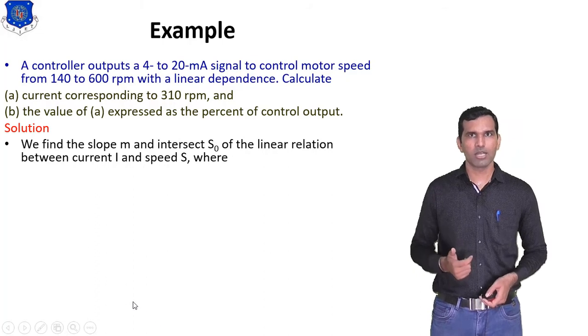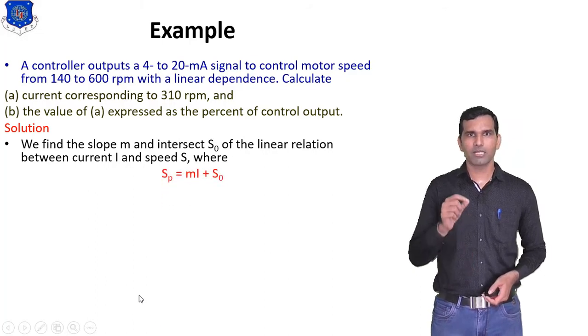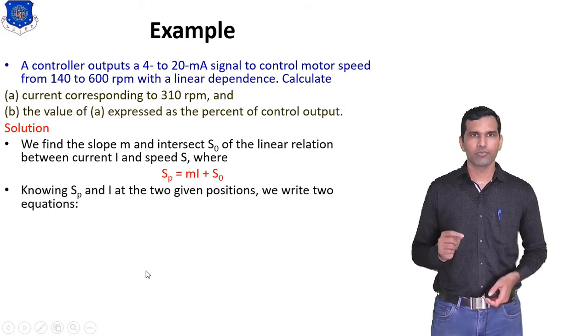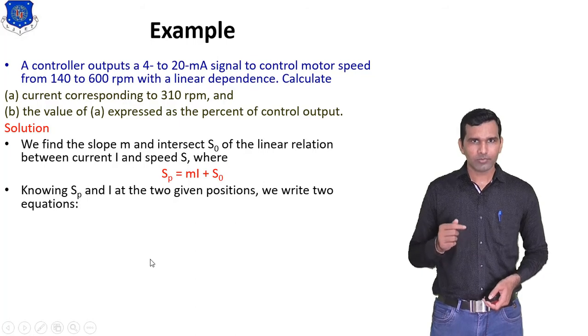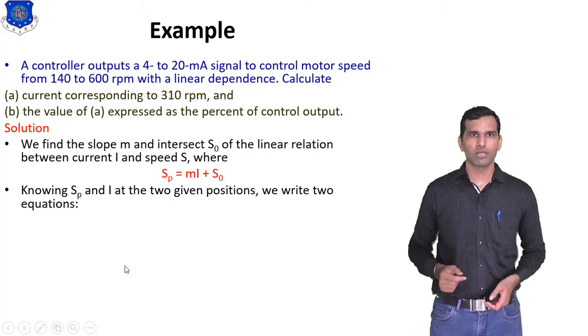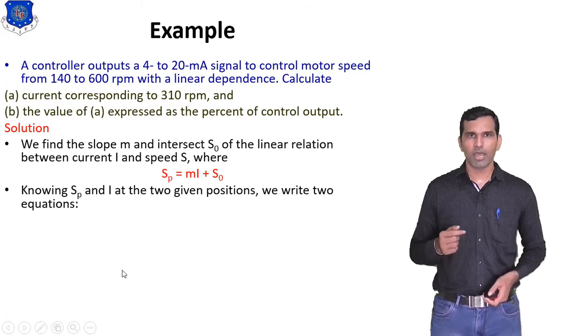We know this is a linear line equation: S = M I + S0. Here, for S and I at the two given positions, we write two equations to find S0.